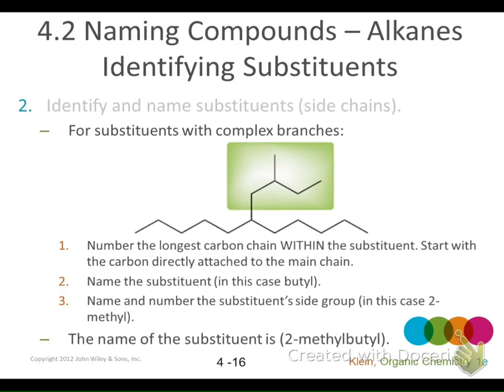Okay, so number the longest chain within the substituent. Start numbering from where it's attached to the parent chain. So this substituent name, just by itself, is 2-methyl butyl. And again, the 1 is not necessary, so it's left out. But sometimes people put it in and it's not the end of the world. It's just extra information. Now, what do you do with this? 2-methyl butyl.